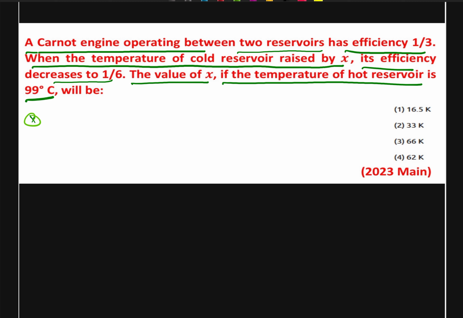Our initial efficiency is 1/3, and the temperature of the hot reservoir T2 is 99 degree centigrade, or we can say this is 372 Kelvin.